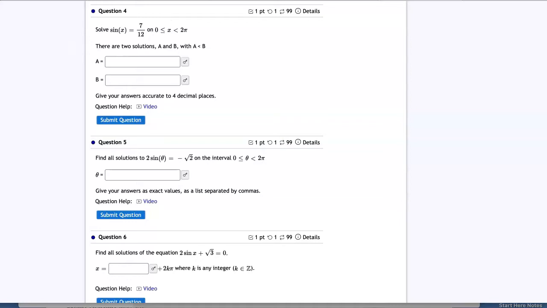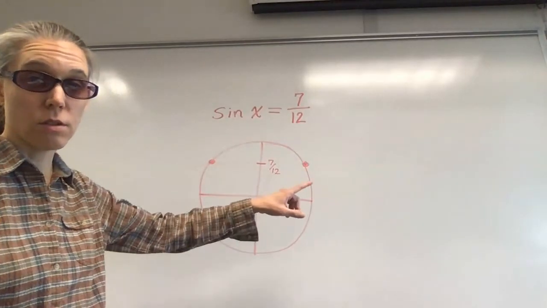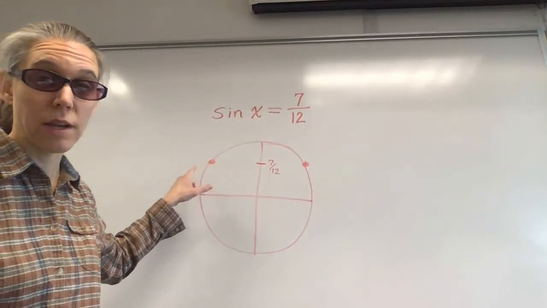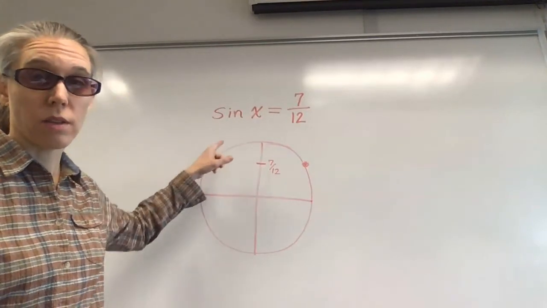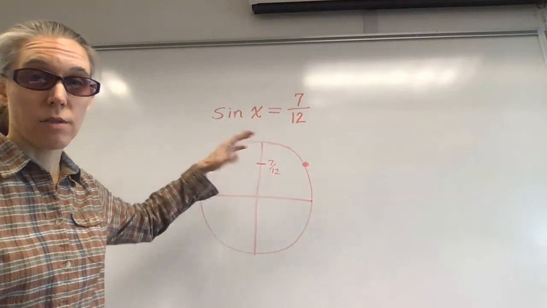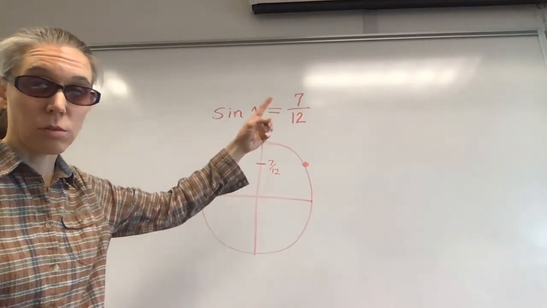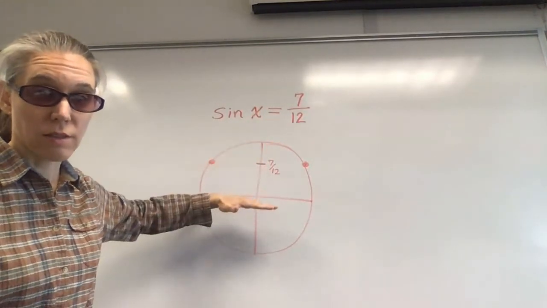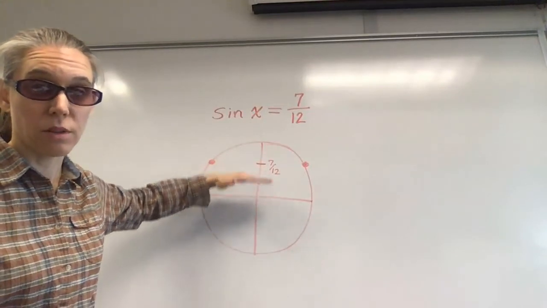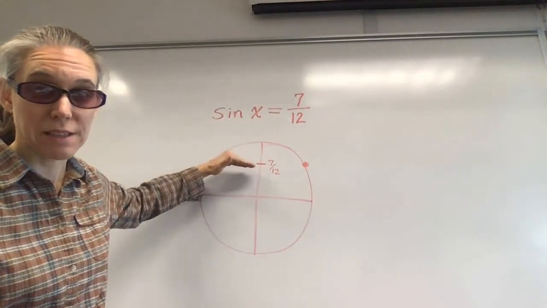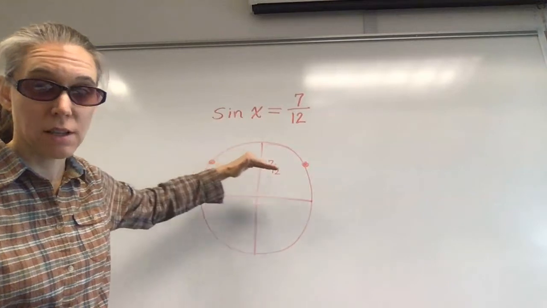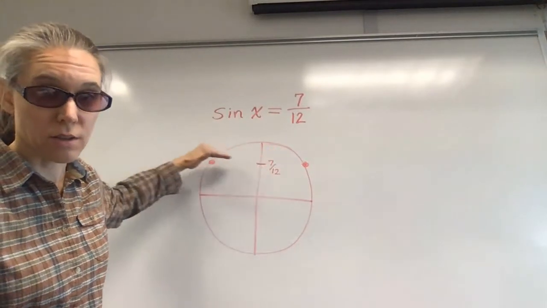I'm going to do this one on the board. Okay, so I need to find the two locations between 0 and 2 pi where the sine of those two angles is equal to 7/12. And since the height here ranges from 0 to 1, we just pick 7/12 here on the y-axis, have a dot to the right and a dot to the left.